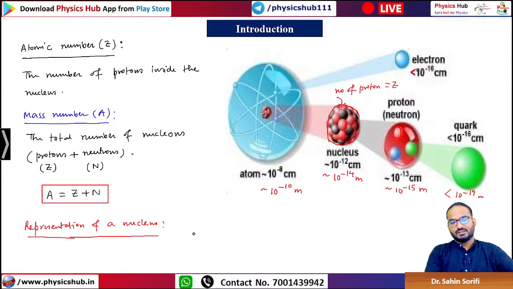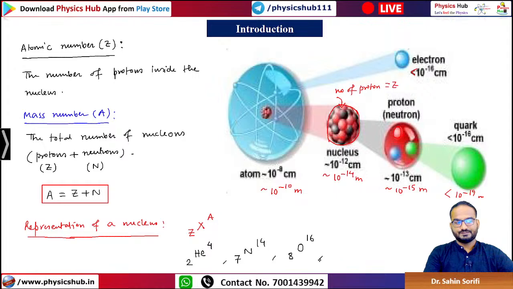You represent it by specifying its Z value, then the symbol X, then the A value, in this way: like 2He4, 7N14, 8O16 and so on, 92 uranium 238.